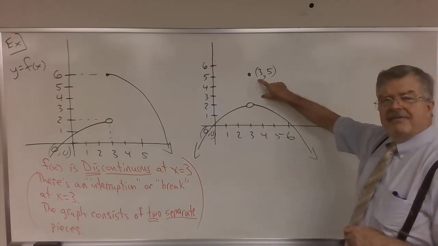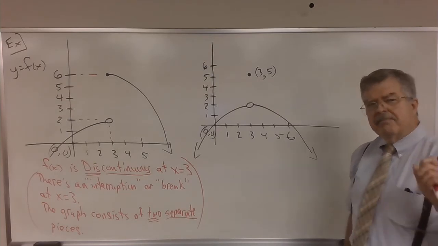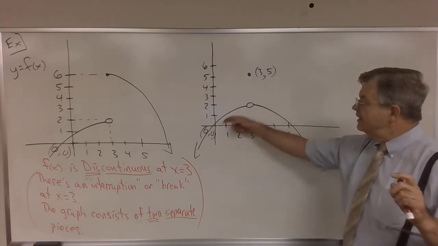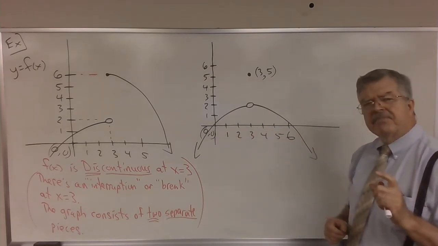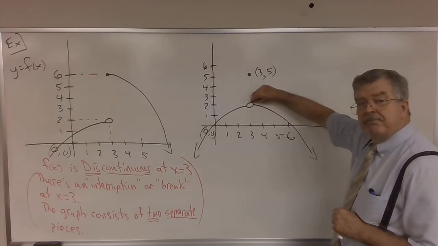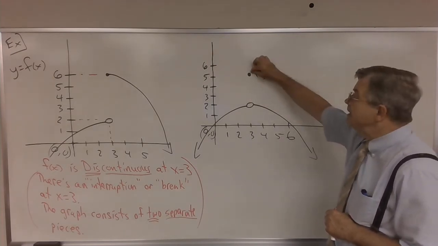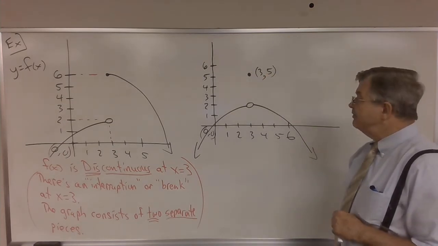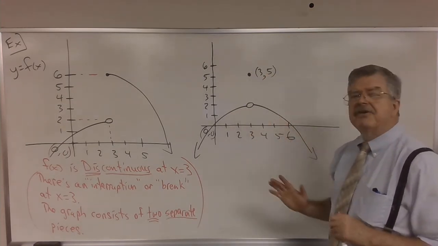How was this graph formed? Apparently, this was all one connected piece at one time, and then somebody came along with a pair of tweezers and they plucked this point out and put it up here. And so now this piece and this piece are not connected.